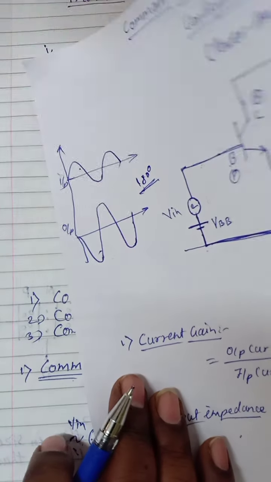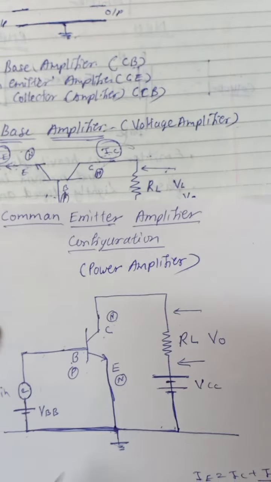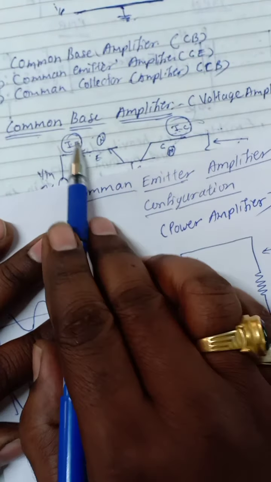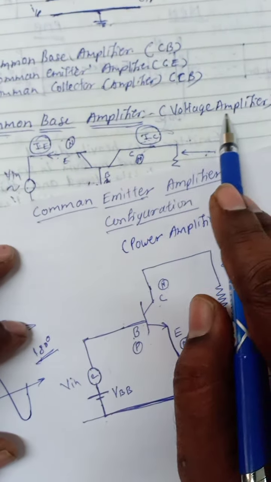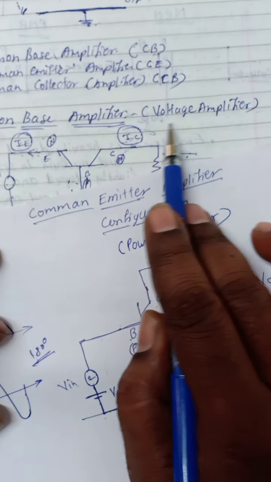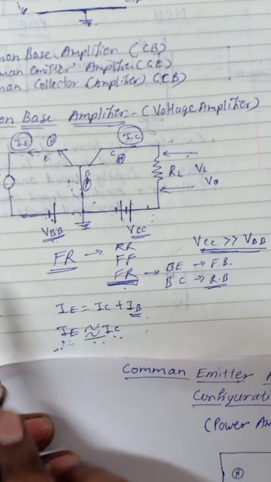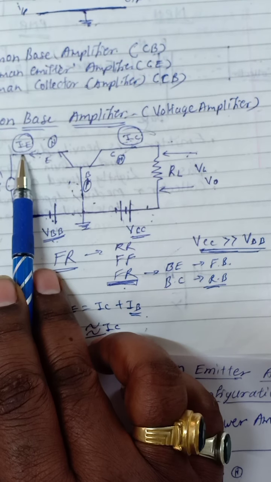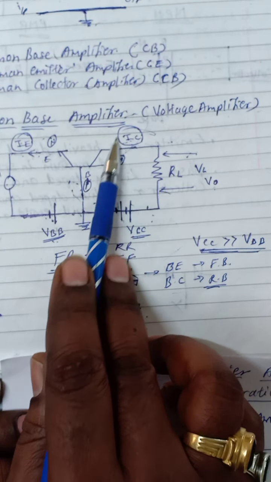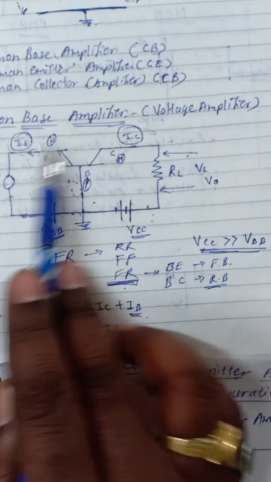Okay, so these are the most important points that we discussed. First I explained the common base amplifier, which is a voltage amplifier, because there is no current amplification, i.e. input current IE is approximately equal to IC.